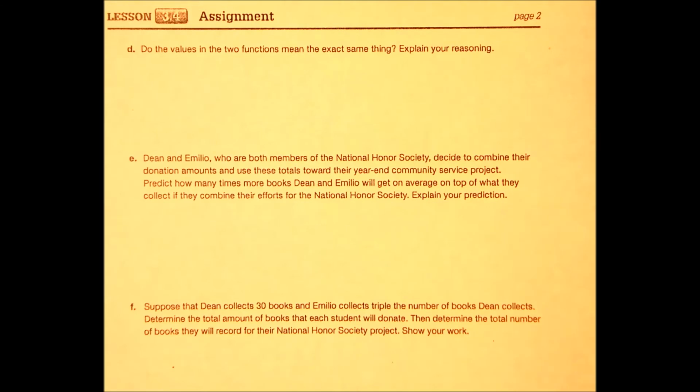Notice, Dean will collect books, Emilio will collect books. But Dean's books don't count for Emilio, and Emilio's don't count for Dean's. So in other words, X represents the amount of books collected. But in the first problem, the reason why the functions aren't specific is because Dean is collecting an amount and Emilio is collecting an amount. They're 2 independent of each other. All right?